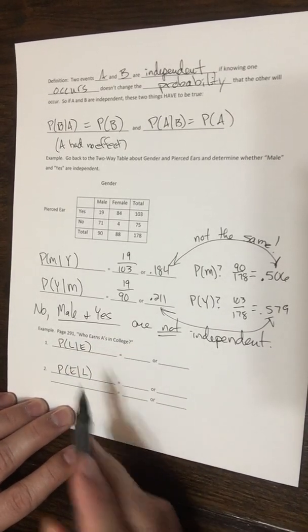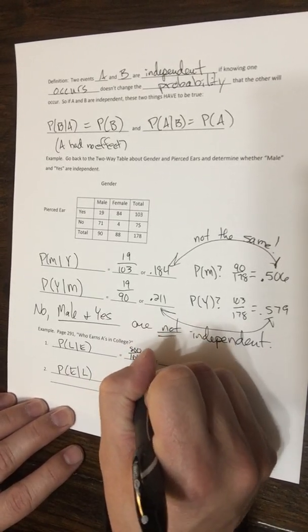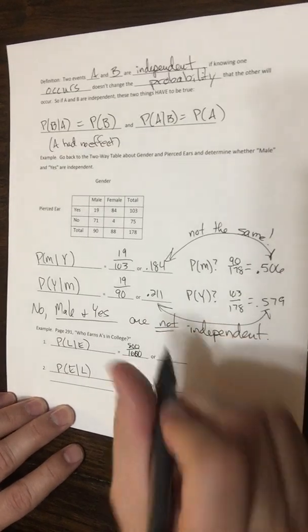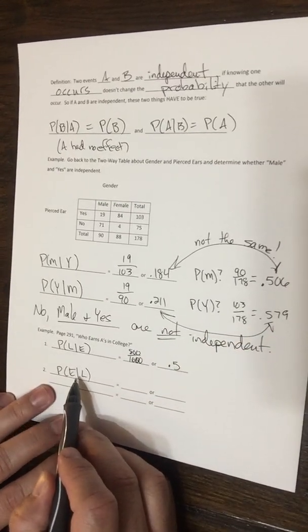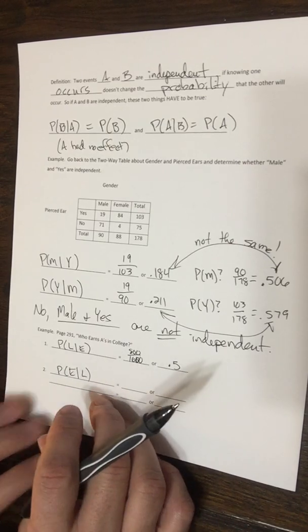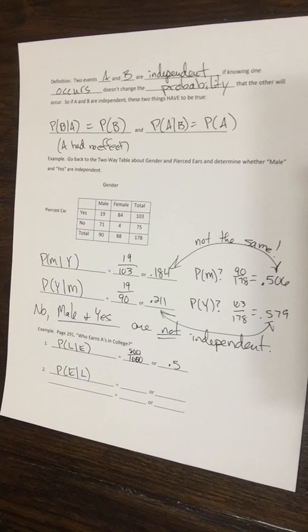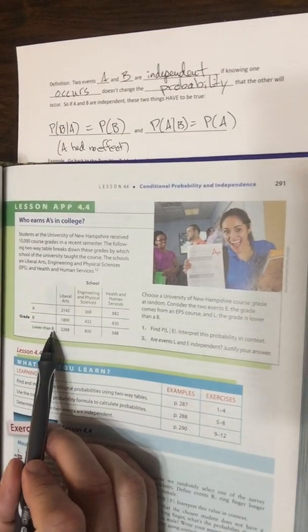Well, we found this one earlier. This was 800 out of 1600 as a given probability, and that was 0.5. And E given L. Let's see. I gotta go back here and look a little bit. Given L, given that the grade is lower than B, I need to add up some numbers here.